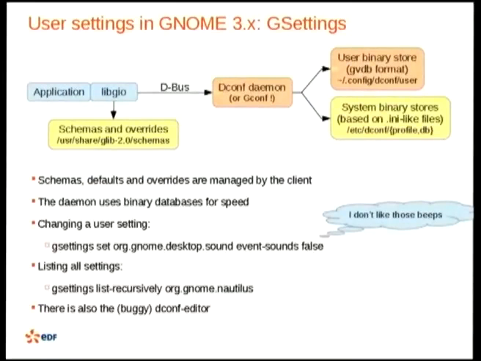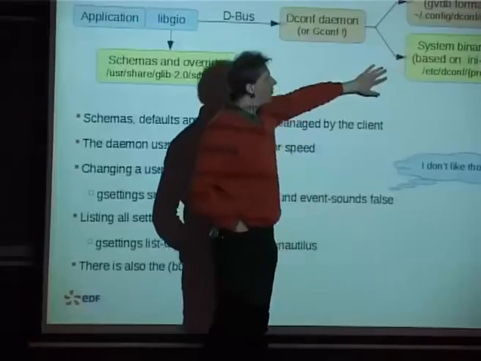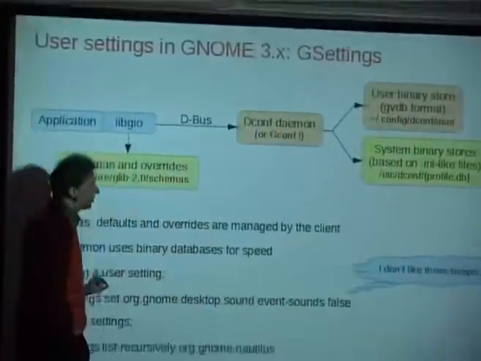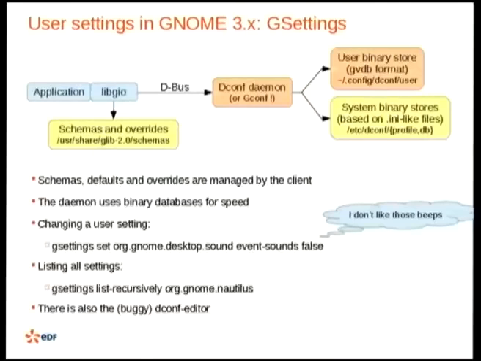And dconf only has binary stores. So there is the system binary store and a user one. It is a specific format which is called GVDB. Upstream promises that it should appear in the GIO interface soon.